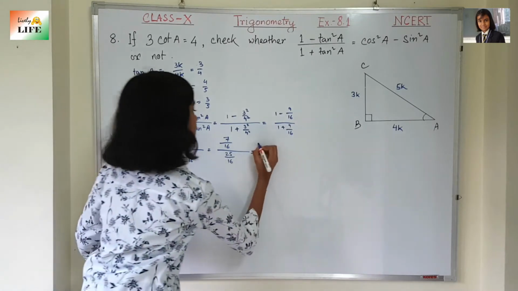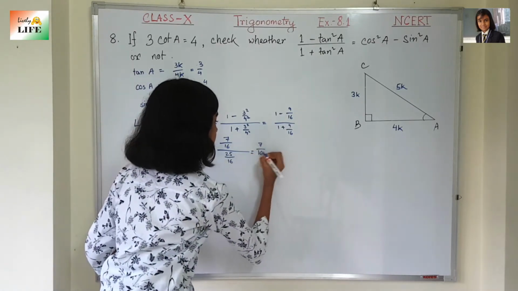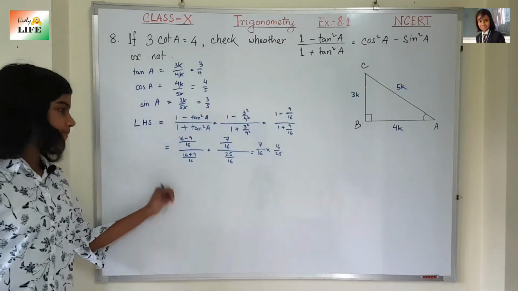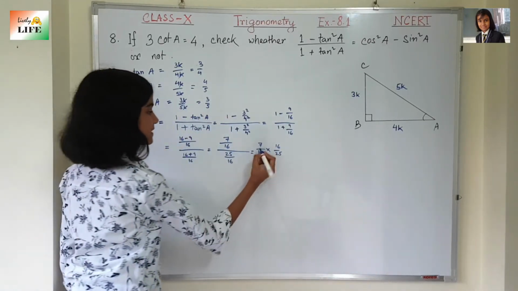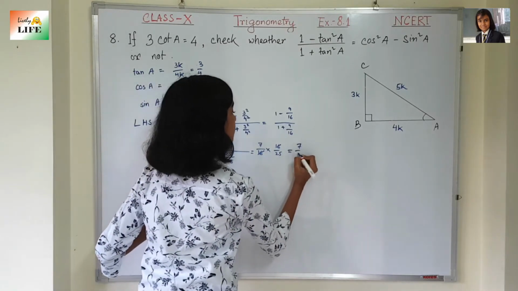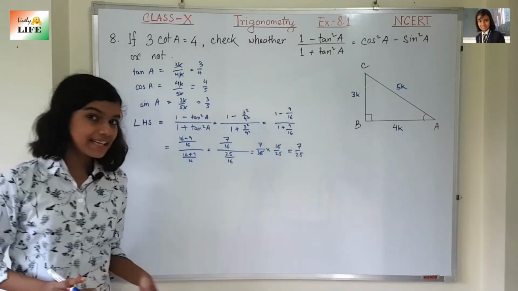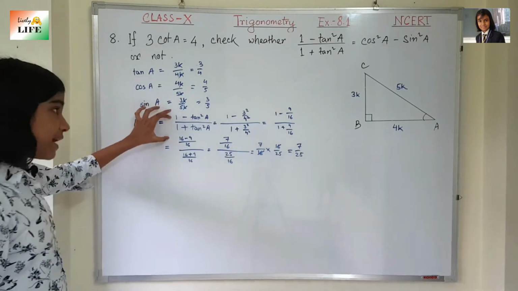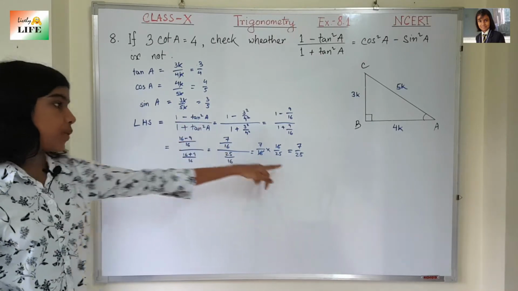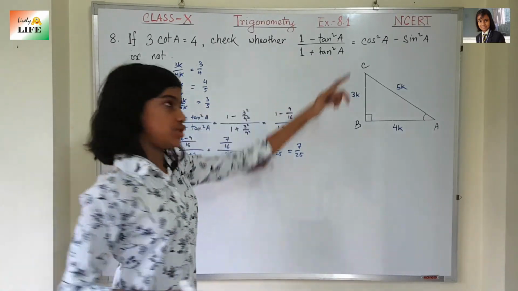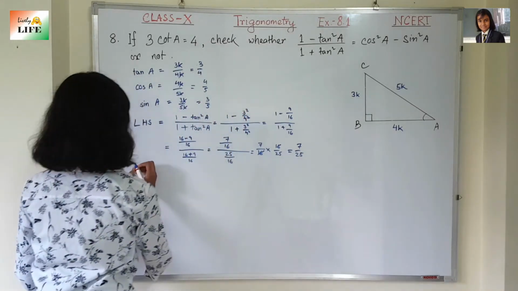Now, right? So what will happen? 16 will be cut. What is the answer? The answer is 7 by 25. So 1 minus tan square A by 1 plus tan square A is 7 by 25.